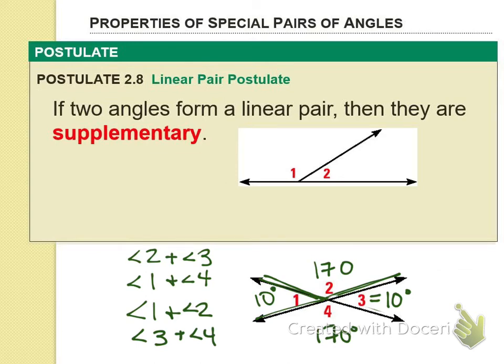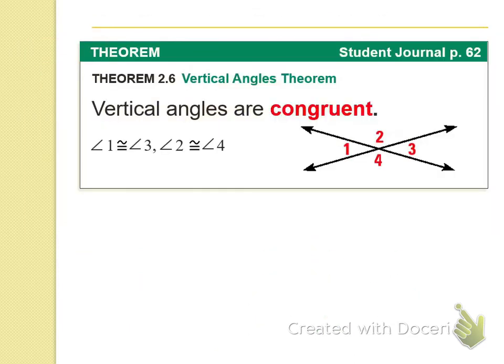But if they're across from each other, what kind of angles are they going to be? Vertical. And vertical angles are congruent. So that's what you're going to put in that blank and then highlight it. Vertical angles are congruent. Then you want two colors because we're going to highlight them in our picture. This one's much easier to highlight. There's only two sets.